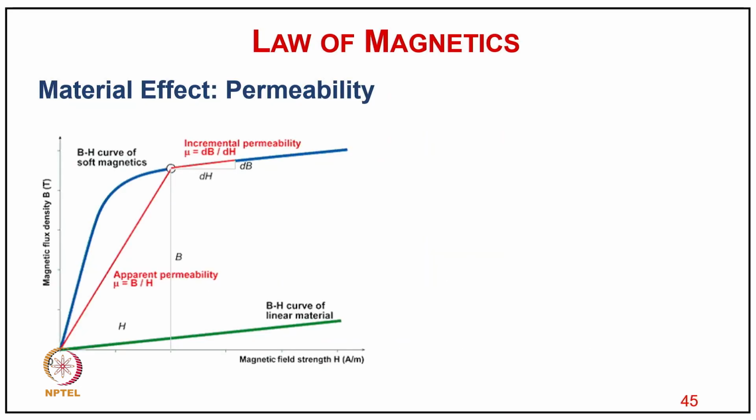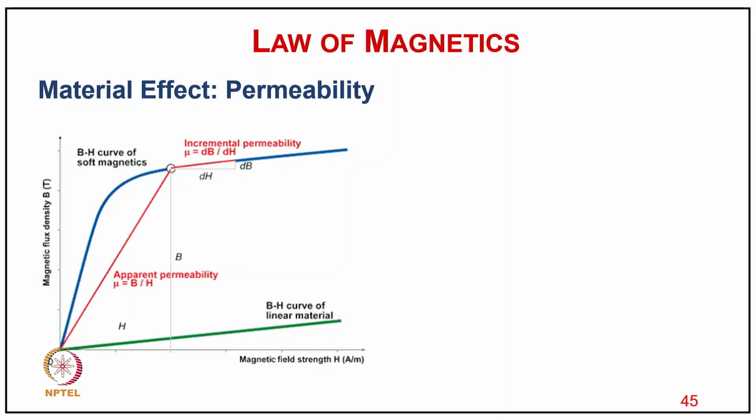You can see an example here of a material property. We call it the magnetization characteristic of a material, where flux density B is on the y-axis and the magnetic field strength H is on the x-axis. Typically, if it is a linear material like an air gap, we have a linear characteristic and it does not saturate.